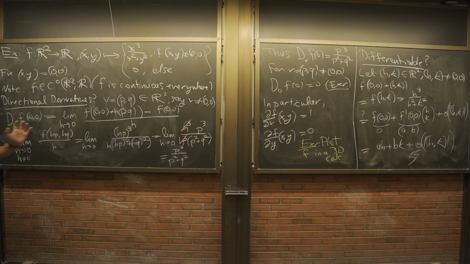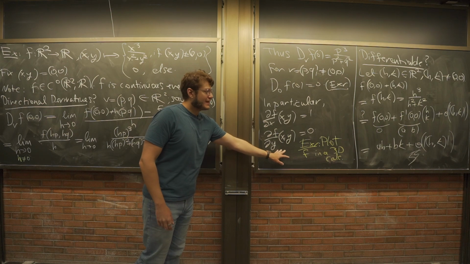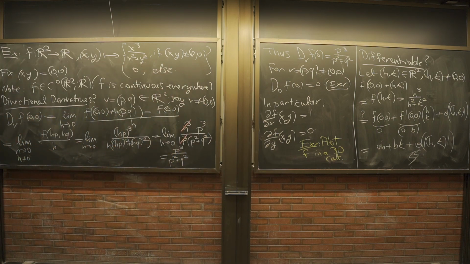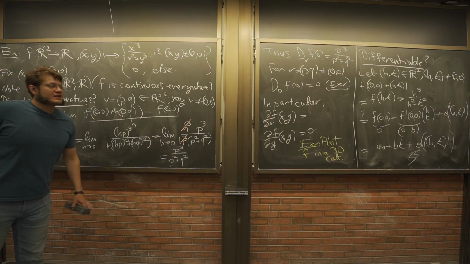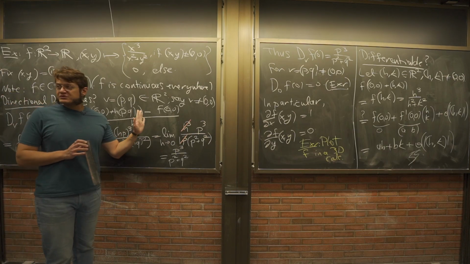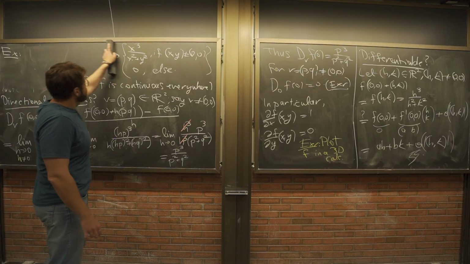Now, all hope is not lost, and there are certain situations where just computing partials end up being sufficient, and we're going to see why or how, under which circumstances. But we'll get there later. I just want to keep calculating more things today. Any questions before I continue? Okay. Another example.